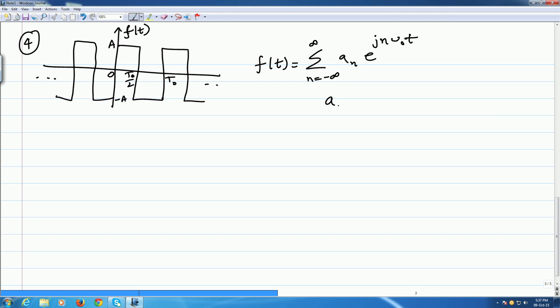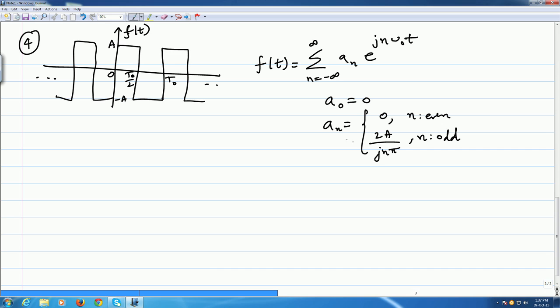If you do the calculation, a naught is going to be 0 and a n is going to be 0 for n even and 2a by j n pi for n odd. This is going to be the form of the Fourier series coefficients for this periodic signal. That is the first step.